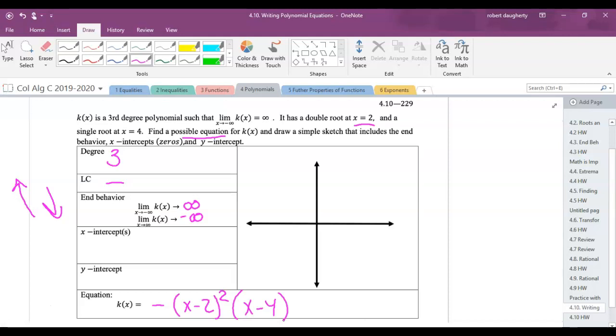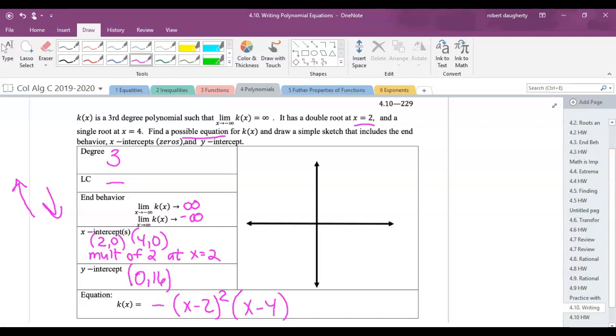That's it. Okay, how do I find the x-intercepts? They're what? (2, 0) and (4, 0). I didn't ask for it here, but there is a multiplicity of what? Of 2 at x equals 2. What's the y-intercept? Is it (0, 16)?